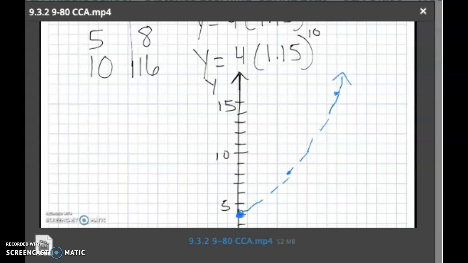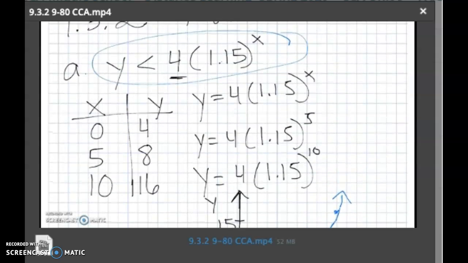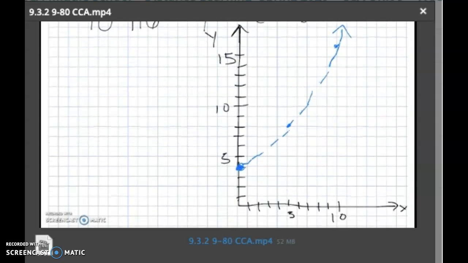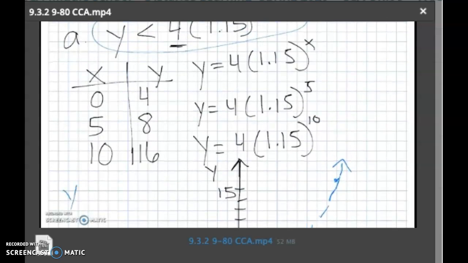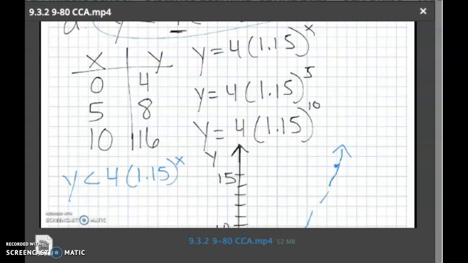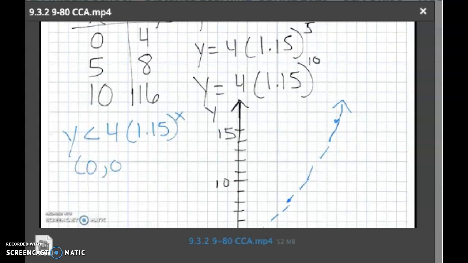Now that I have my boundary line graphed, I need to test a point to figure out which side I'm going to shade. A good number to test is (0, 0) because that is not on my boundary line. I'll substitute in 0, 0, letting y equal 0 and x equal 0, and see what happens.